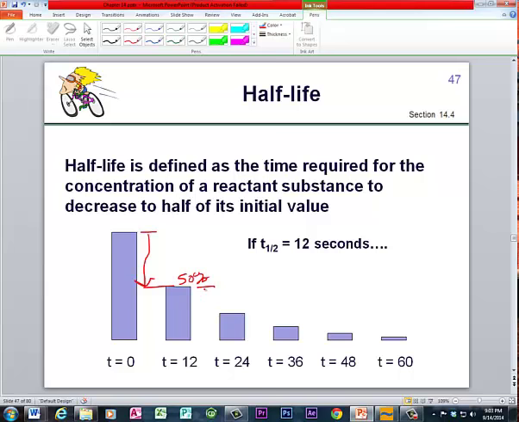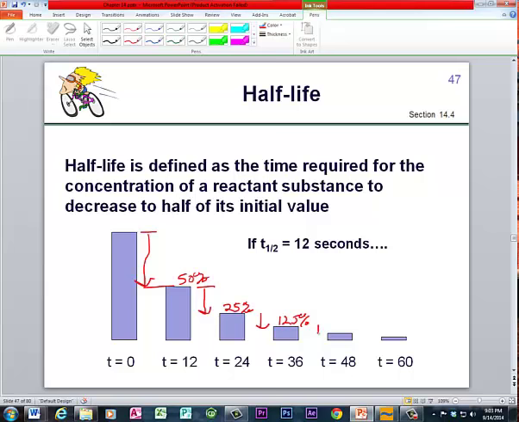And then another half-life goes by and we now have 25% of our original concentration. Another 12 seconds, another half-life goes by, we've got 12.5% of our original concentration.